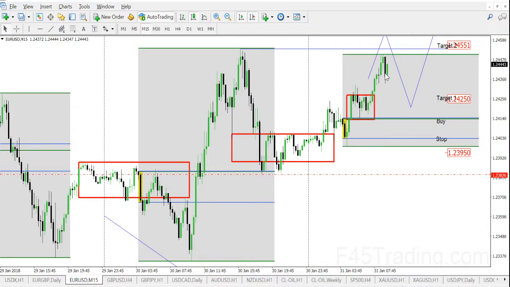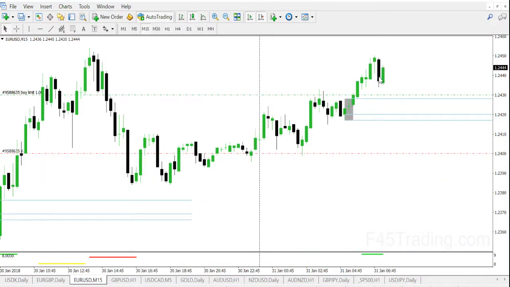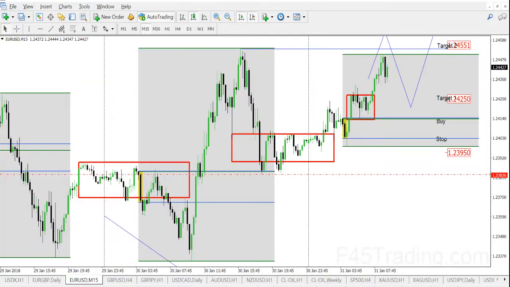But this candle came down to 124.33, and on this feed, this candle came down to 124.34. So 4 pips off of that entry level. I don't know why, but it looks way more bullish on this feed than it does this one for some reason, but it's probably just my eyes playing tricks on me.